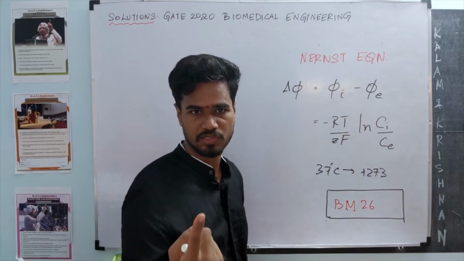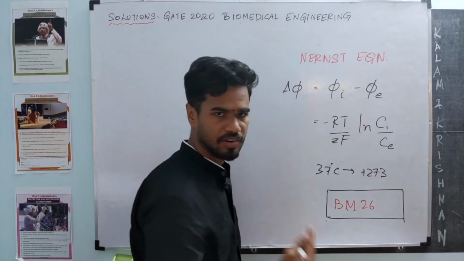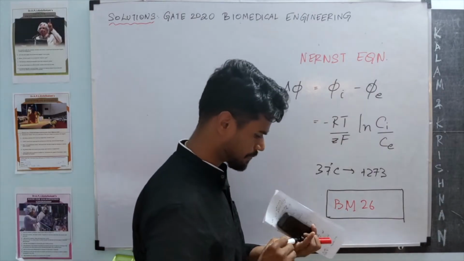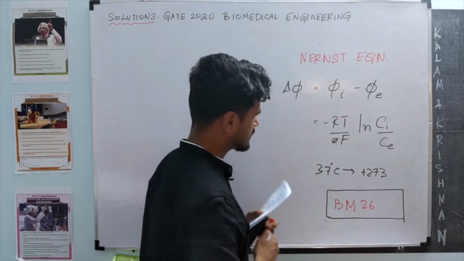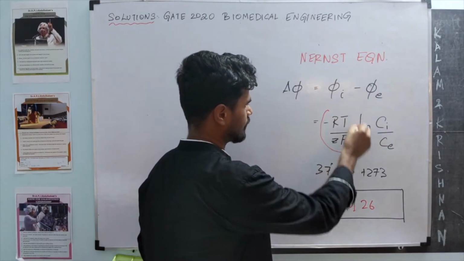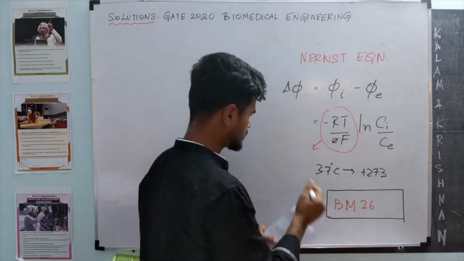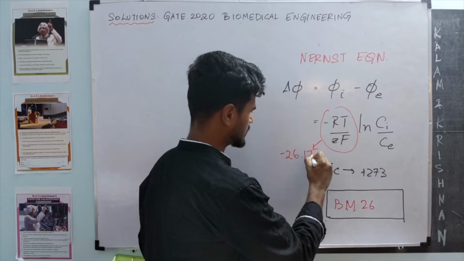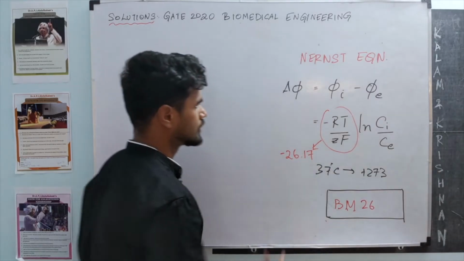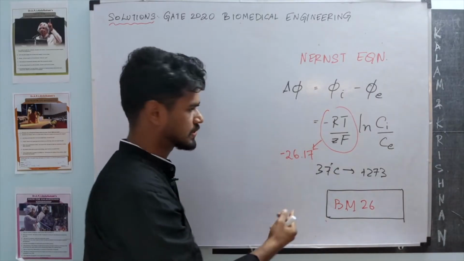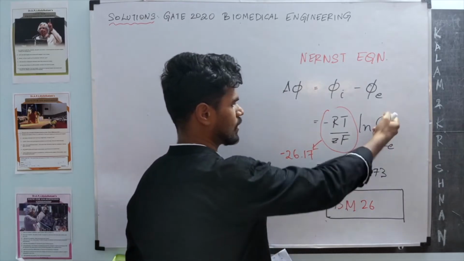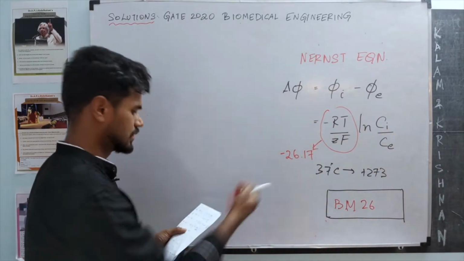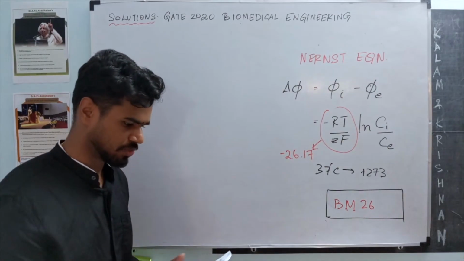For potassium it's 1, since it's K plus. F, again, the Faraday constant is given. If you find this constant, it turns out to be minus 26.17. So the intracellular potential is minus 26.17 ln Ce by Ci. Now use this to find the change in potentials.